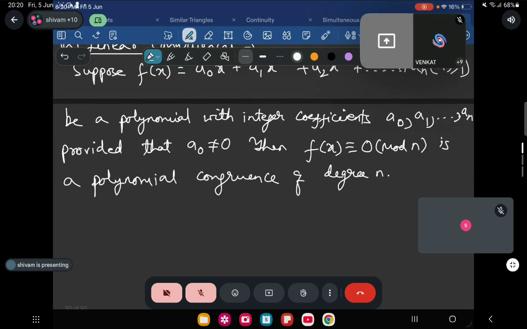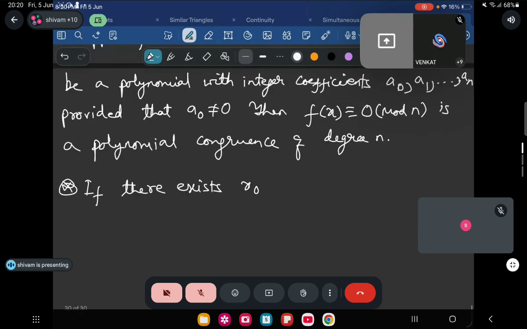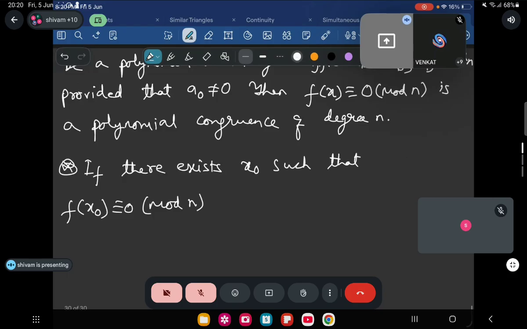So next point, everyone, if there exists x0 such that f of x0 is congruent to 0 mod n, then we can say that x0 is a solution of the congruence.